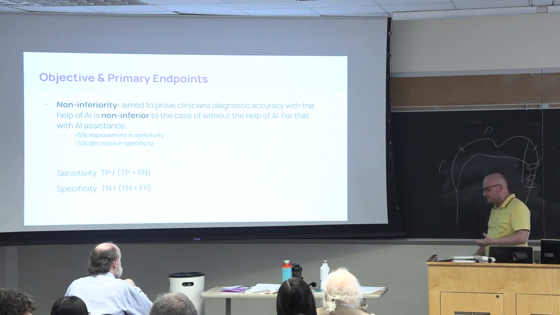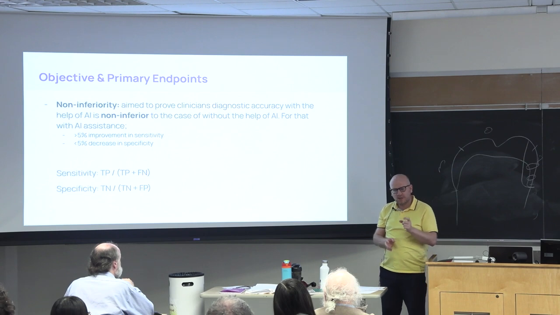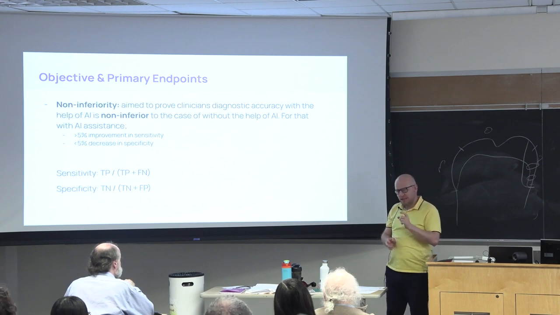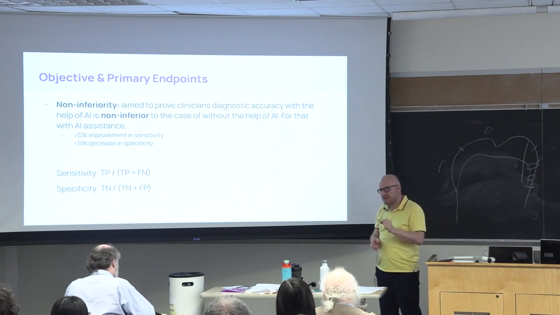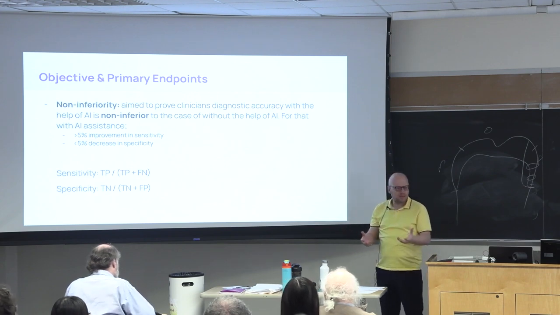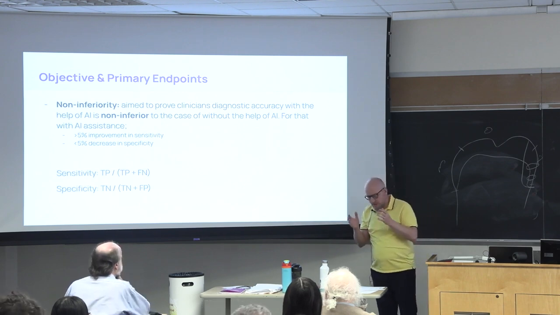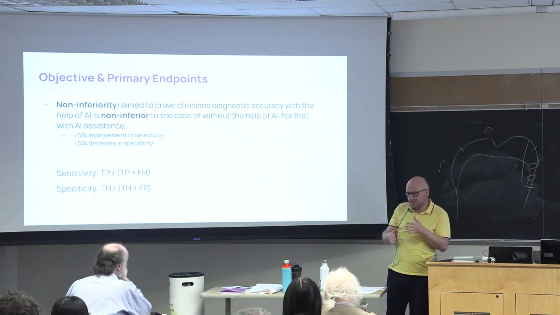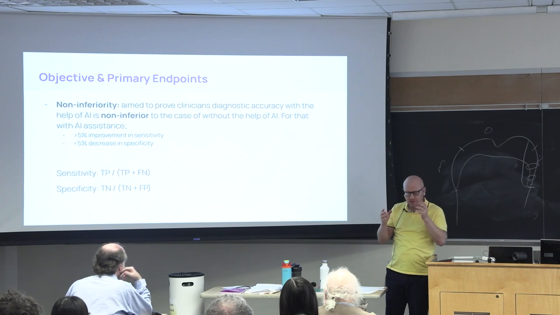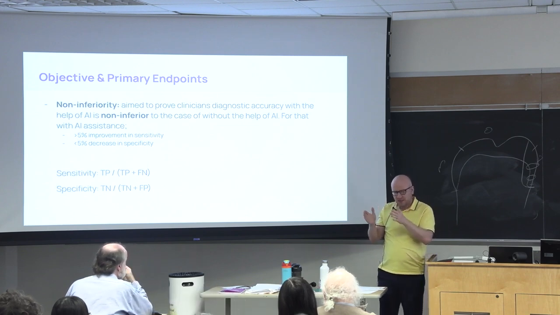The other thing is, we need to prove that with AI assistance there is at least a 5% increase in sensitivity and less than a 5% decrease in specificity. Why do we expect a decrease in specificity? Why do we measure the decrease in specificity and not expect an increase in specificity? Sorry, that was the question. Think about it this way. You show the same X-ray to the same dentist.